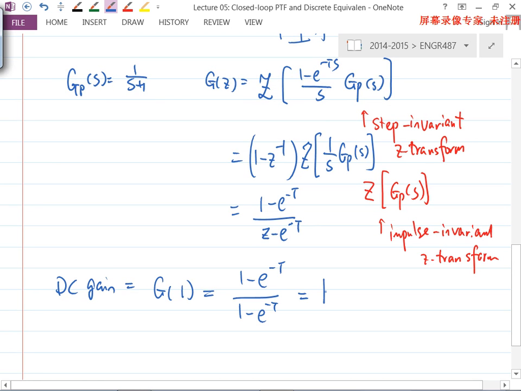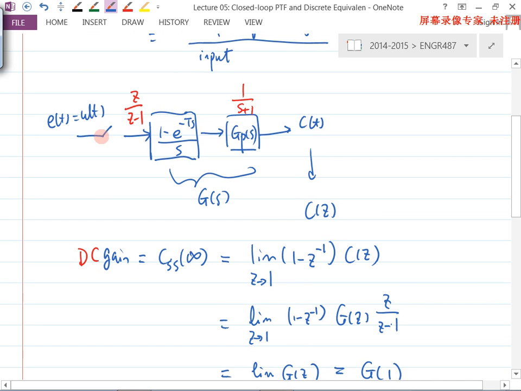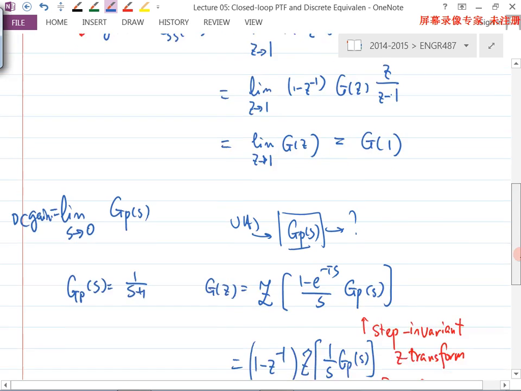So what does that tell you? If this is the system and you give a unit step input to it, then at steady state the system will reach 1 at a certain instant. So there won't be any steady state error. You don't need to control it. If you don't care about the response time, the system will respond to the unit step input perfectly. So that's the concept of DC gain.